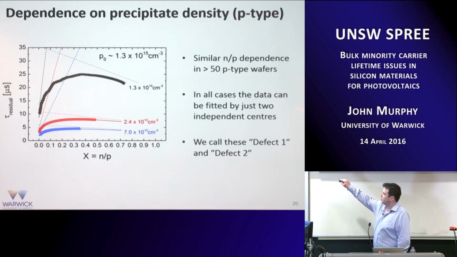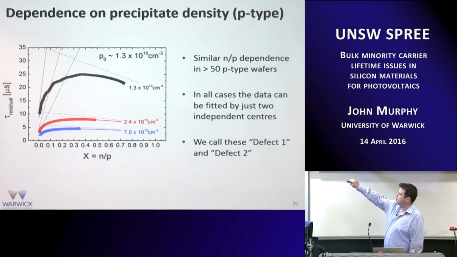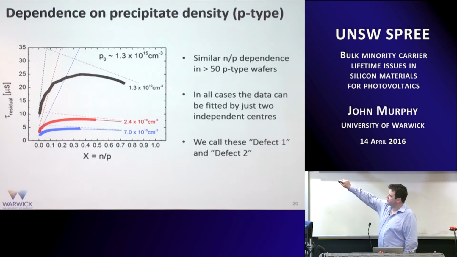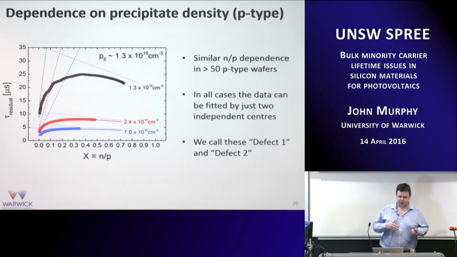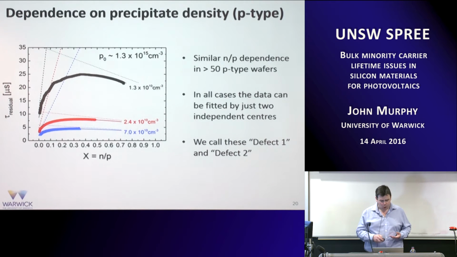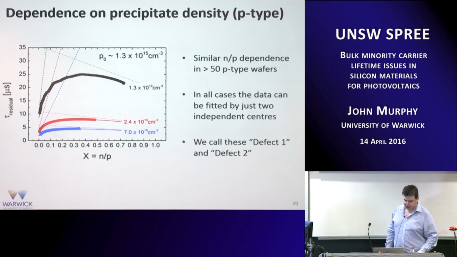These all have the same doping level, about 10 to the 15, but different concentrations of oxide precipitates. This black one has about 1 times 10 to the 10 per cubic centimetre, this one has 2 times 10 to the 10, and this one has 7 times 10 to the 10. But in all cases, the injection response is pretty similar, and we could always fit it with these 2 centres, which we call defect 1 and defect 2.